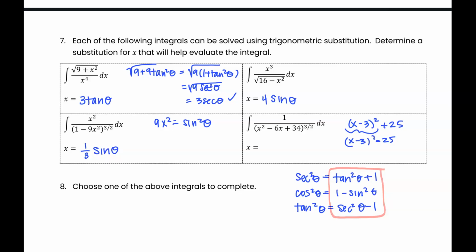Where was the secant level? Just no secant level at all. Judging past me for this one. But this is tan squared theta. If only I had tan squared theta there. Factor out the 25, do all the lovely work I did up top. And so that means x minus 3 is equal to 5 tan theta, which means x is equal to 5 tan theta minus 3. Gorgeous.